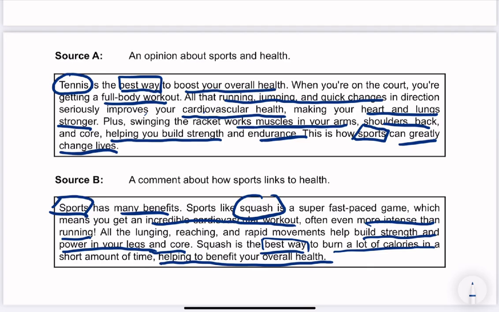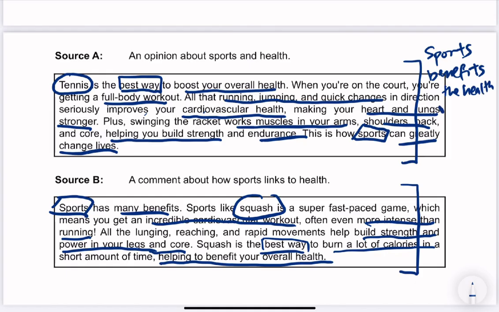I will use the right side of the screen for similarity. If we take a look at this source and we take a look at this source, what are these two sources essentially telling us about? There's so much praise about sports and stuff. So in this case here, you look at source A, it's actually saying that sports benefits the health of individuals, right?